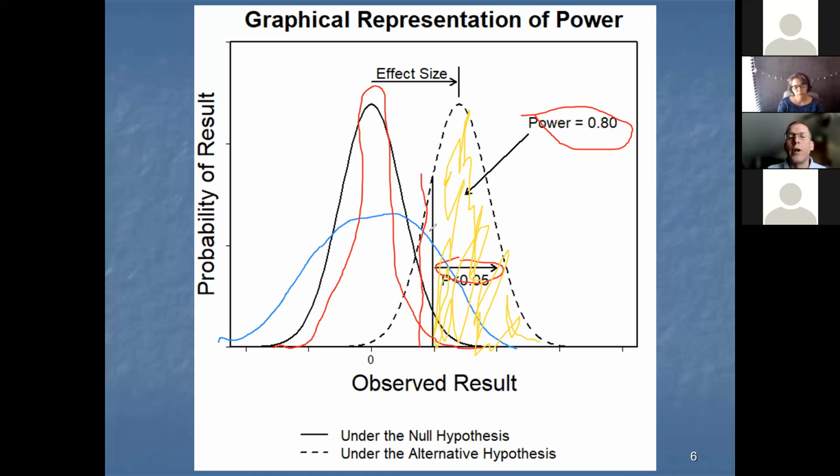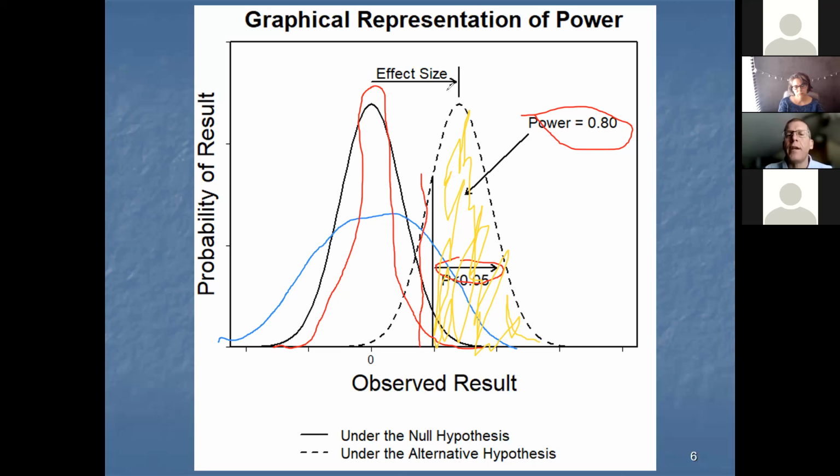And so I'm going to have a similar narrowing of the distribution under the alternative with this dashed line, and I'm going to get a greater amount of the area under that dashed line that's to the right of this new vertical line. As I pull the tails in, that vertical line is going to move as well, and I'm going to get greater power.